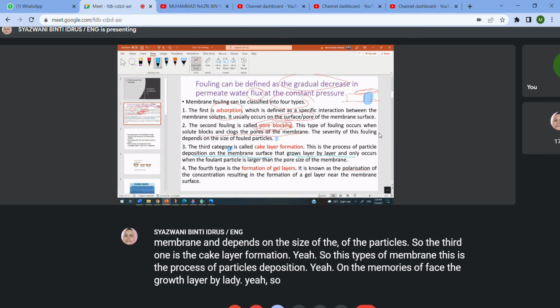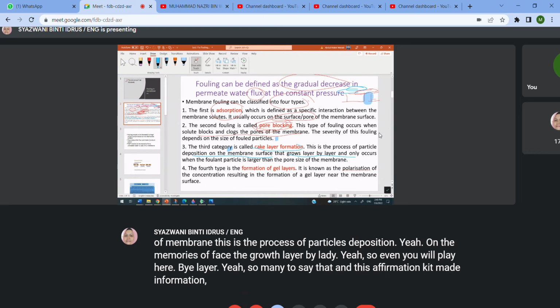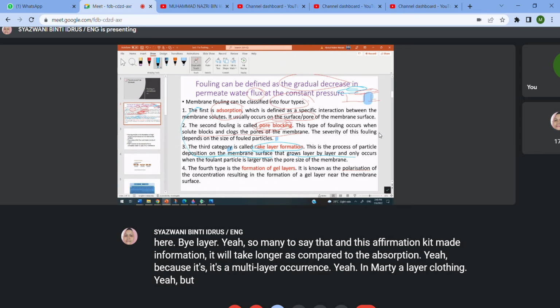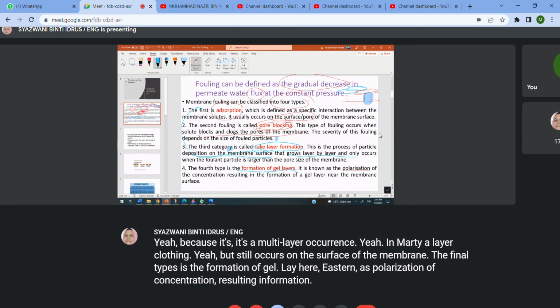So cake layer formation will take longer as compared to adsorption, because it's a multi layer occurrence, multi layer clogging, but it still occurs on the surface of the membrane. The final type is the formation of gel layer. It is known as concentration polarization, resulting in the formation of a gel layer near the membrane surface.